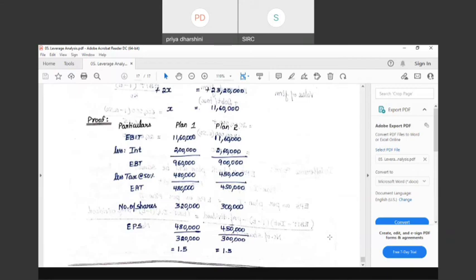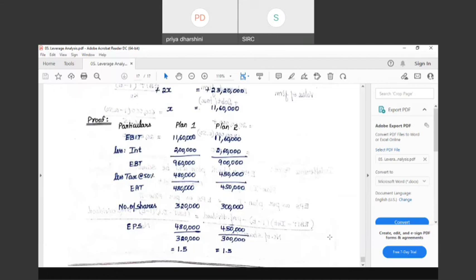For the same sum, they have asked for financial break-even. What do you mean by financial break-even? You must have studied marginal costing as part of cost management. What is break-even? No profit, no loss, which means contribution is equal to fixed cost. Correct? That is operating break-even. Here they are asking us financial break-even.